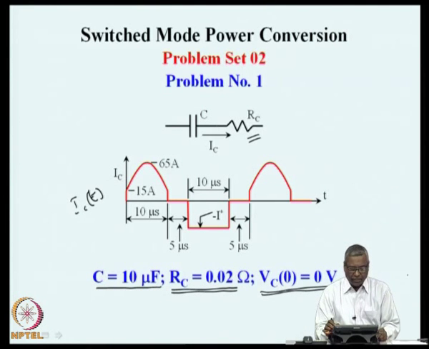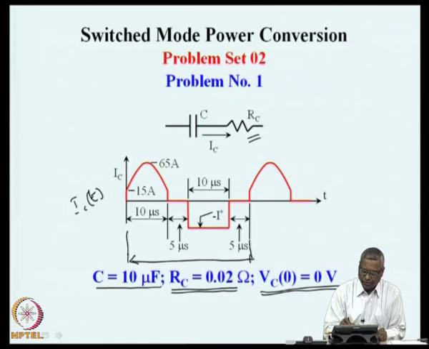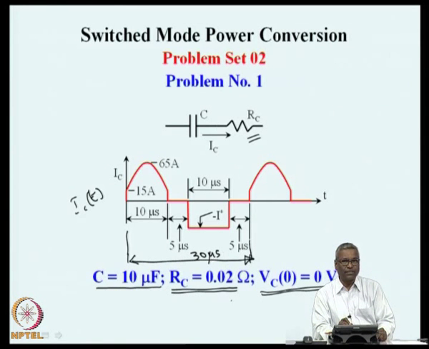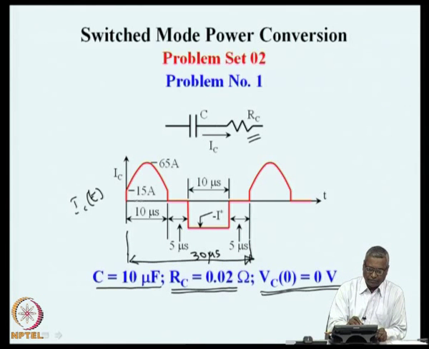It is a periodic function whose period is from here to here, which is a total of 30 microsecond, and it has a positive half of current and a negative half of current.